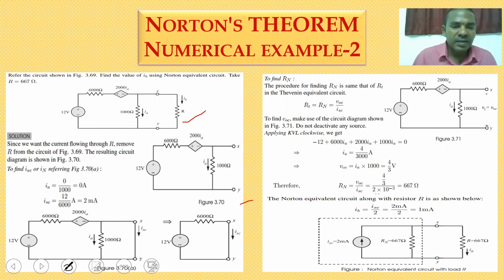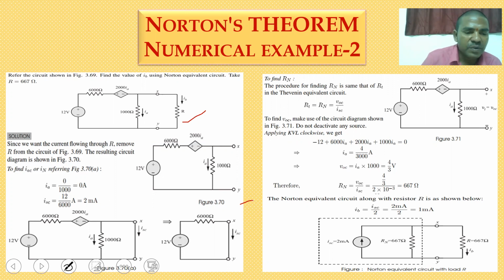In this case, one source is independent and another one is dependent. The dependent source is a current controlled voltage source. So the first IA value: the terminals are open circuited, so finally it is 0 amperes only.